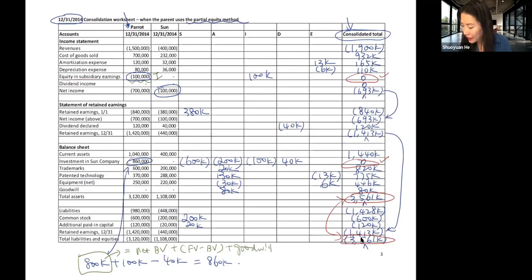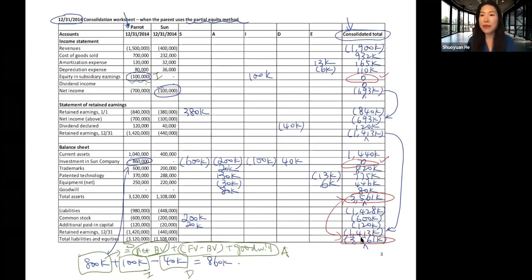Your net book value is eliminated by consolidation entry S. The difference between fair and book value plus goodwill is eliminated by consolidation entry A. This 100,000, the current year subsidiary's income recognized by the parent, is eliminated by consolidation entry I, and this 40,000 dividend is eliminated by consolidation entry D. That's why after the consolidation process, your investment account will go to 0.